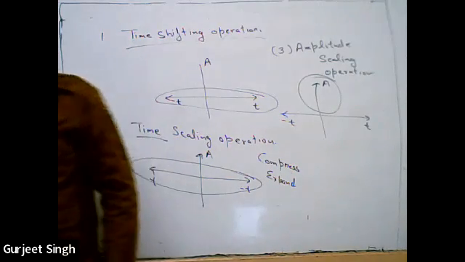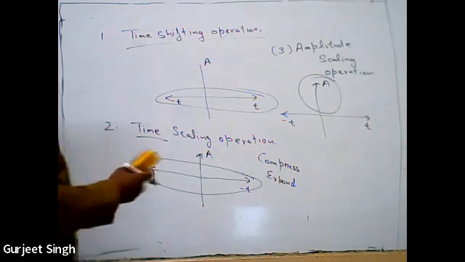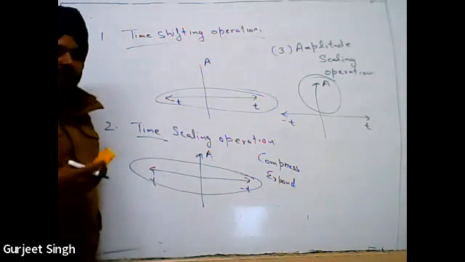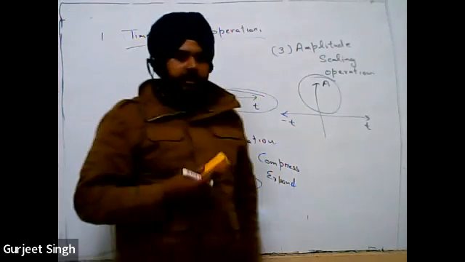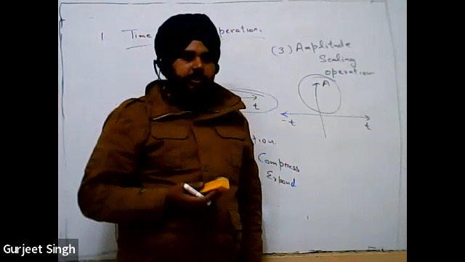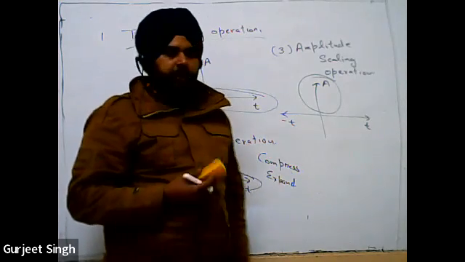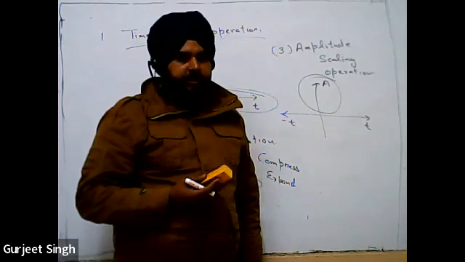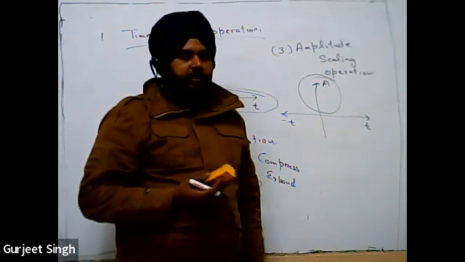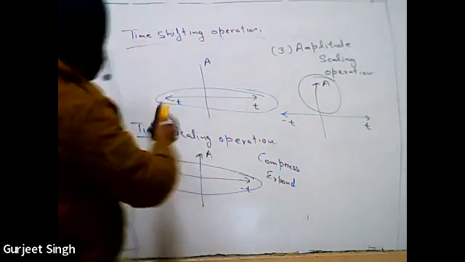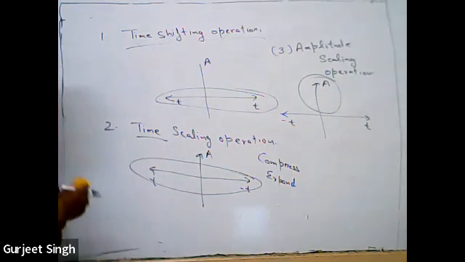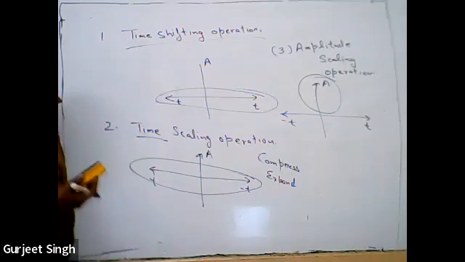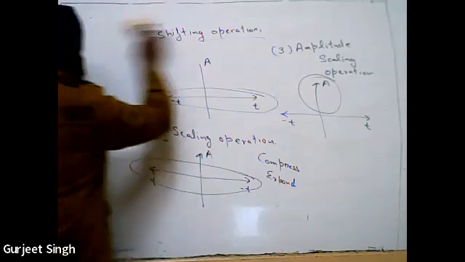So these three operations are related to the manipulation of the signals. Manipulation means we change and modify the signals according to our need. So time shifting, time scaling, and amplitude scaling are the parts of the manipulation of the signals.